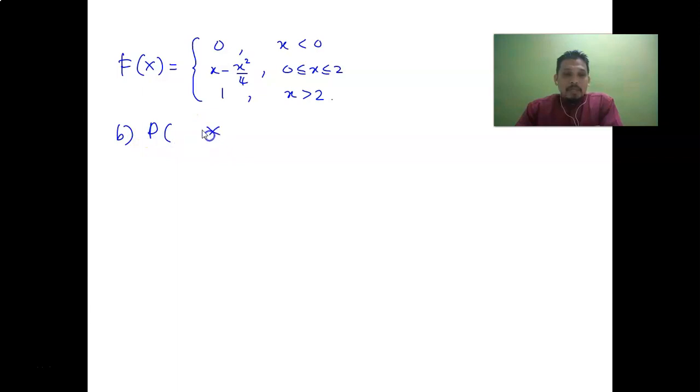Probability of x lying in between 1 until 1.5 equal to F(1.5) minus F(1).